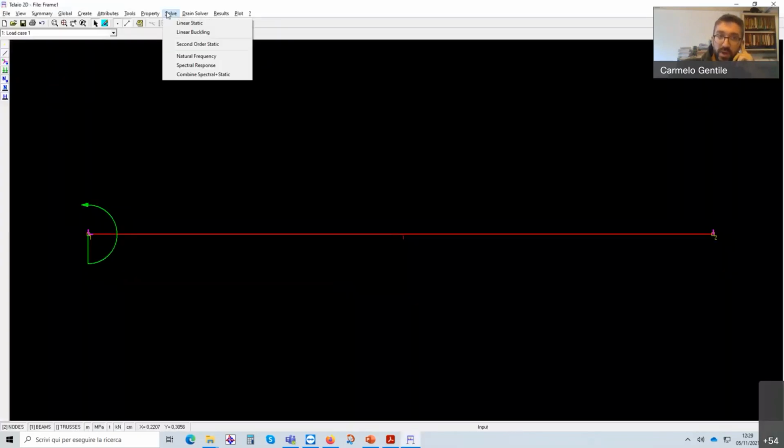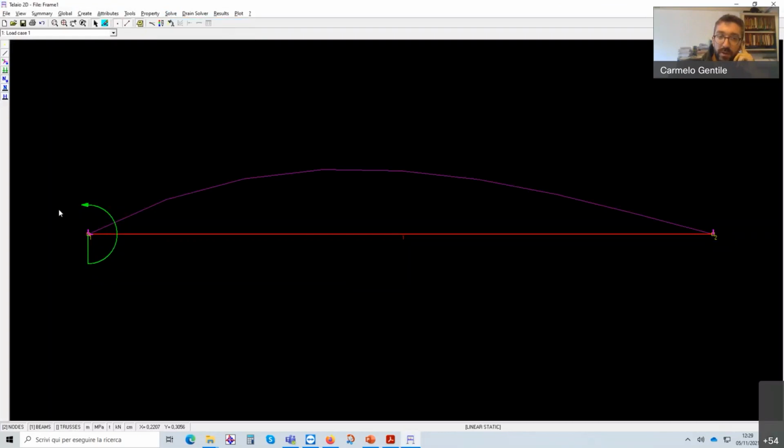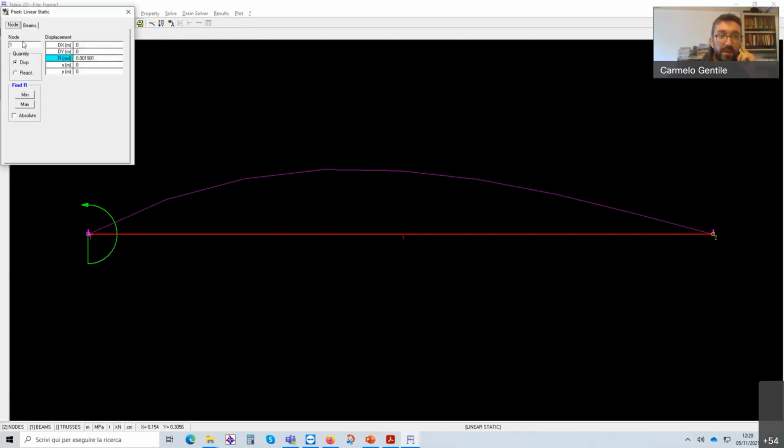Now, if we try to solve, here we go and find the deformed shape. If we click on pick, in node 1, we find that node 1 has 0 vertical displacement, 0 horizontal displacement. That's what we expect. But we also find a rotation, so 0.001980.